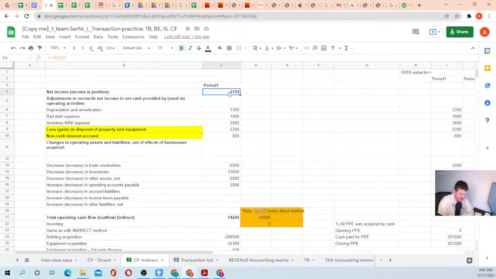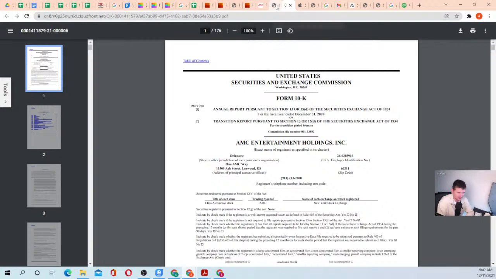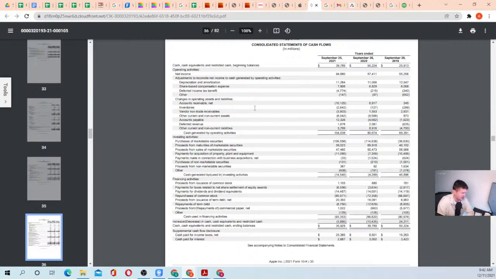And that reconciliation in itself is what you do when you prepare your operating cash flow indirectly. So for indirect method, and as you remember, AMC and Apple and most of the other publicly trading companies use indirect method for operating cash flows.